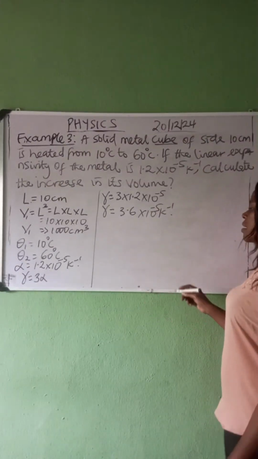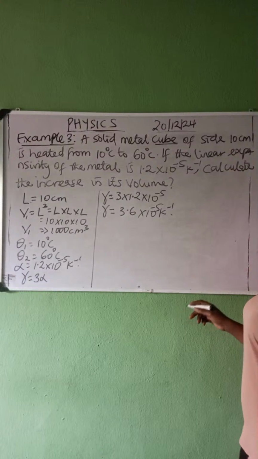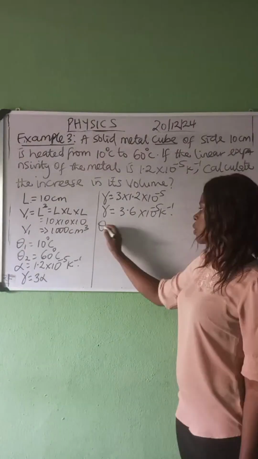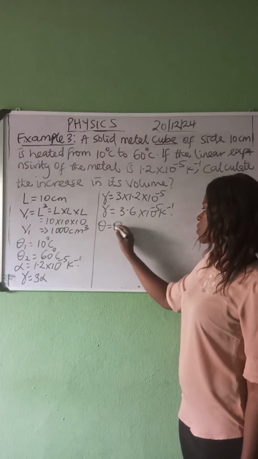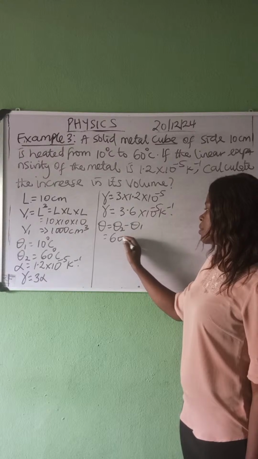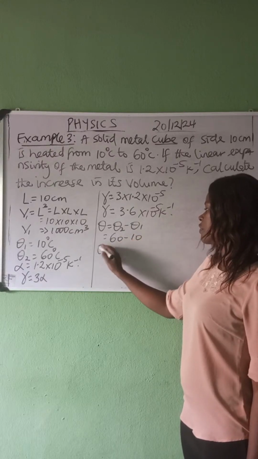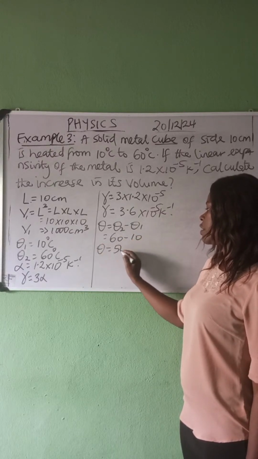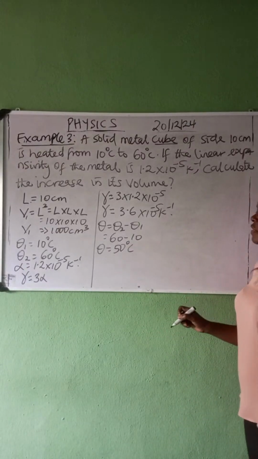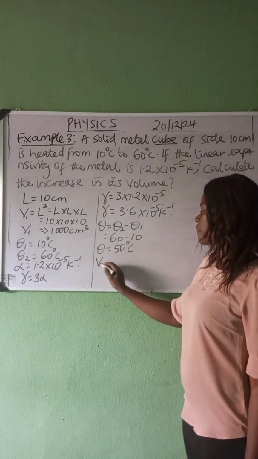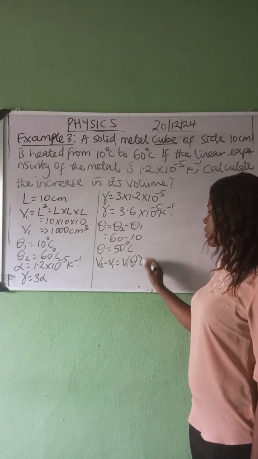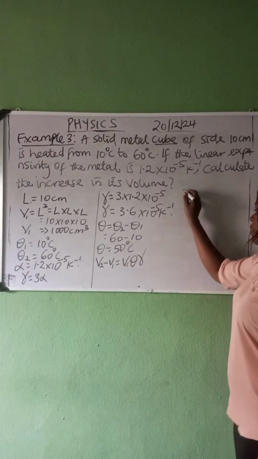Right? Now, the question now is for us to find the increase in its volume. Theta is equals to θ2 minus θ1. That is 60 minus 10 to give me theta to be 50 degrees Celsius. For us to get the increase in its volume, we are going to use V2 minus V1 is equals to V1 theta gamma. It's as simple as that.